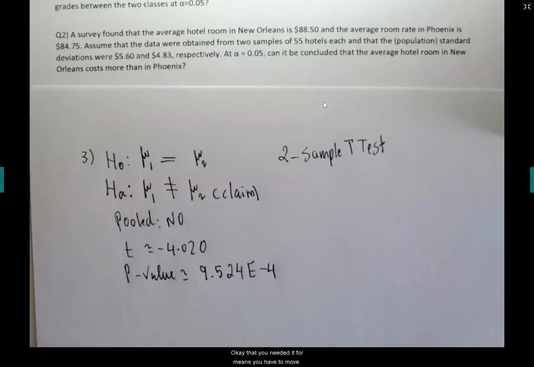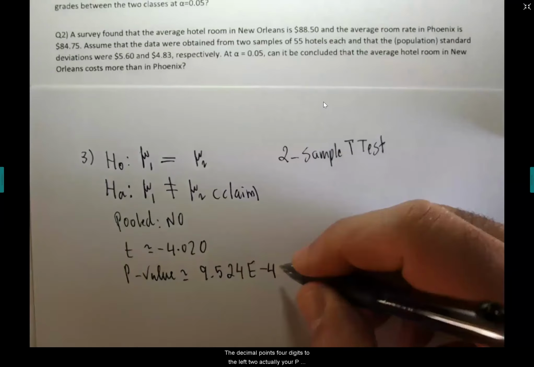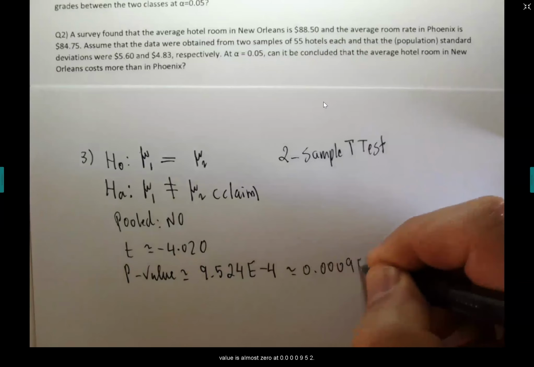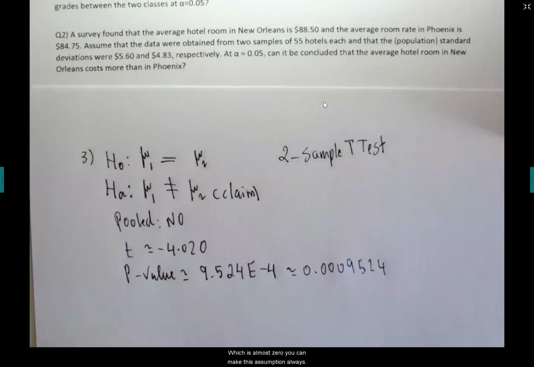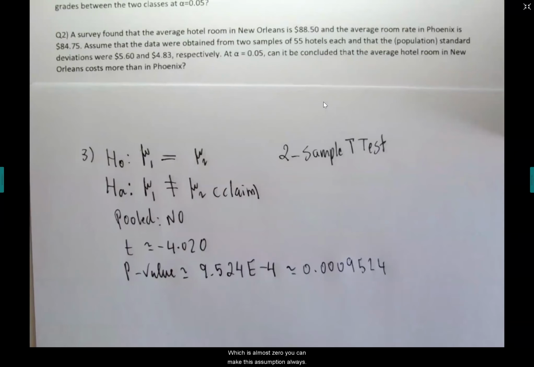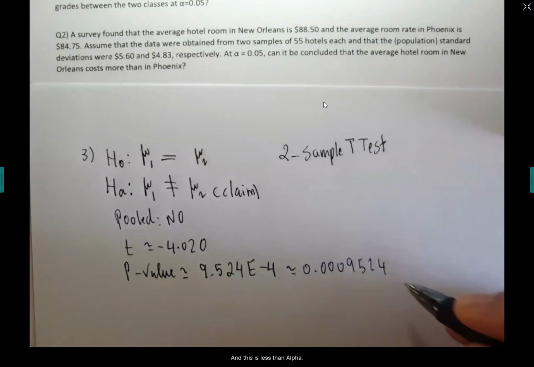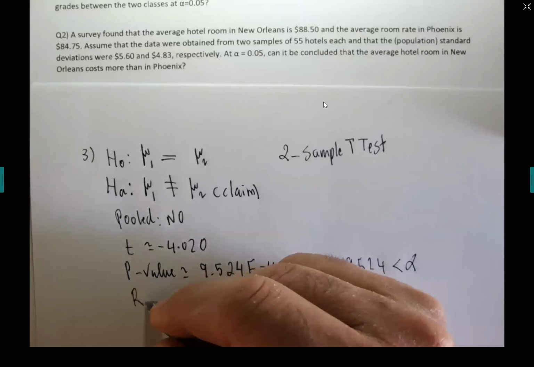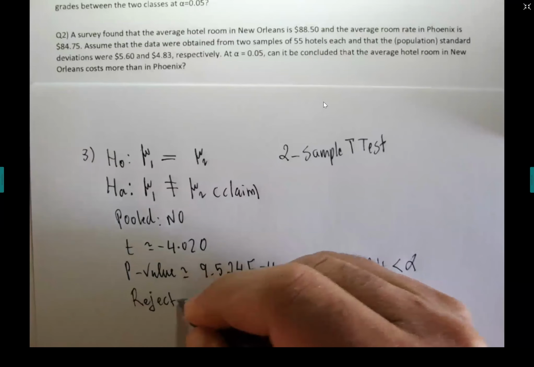The E negative 4 means you have to move the decimal point 4 digits to the left. So actually your P value is almost 0. It's 0.000952, which is almost 0. You can make this assumption always. And this is less than alpha. So we reject H0.